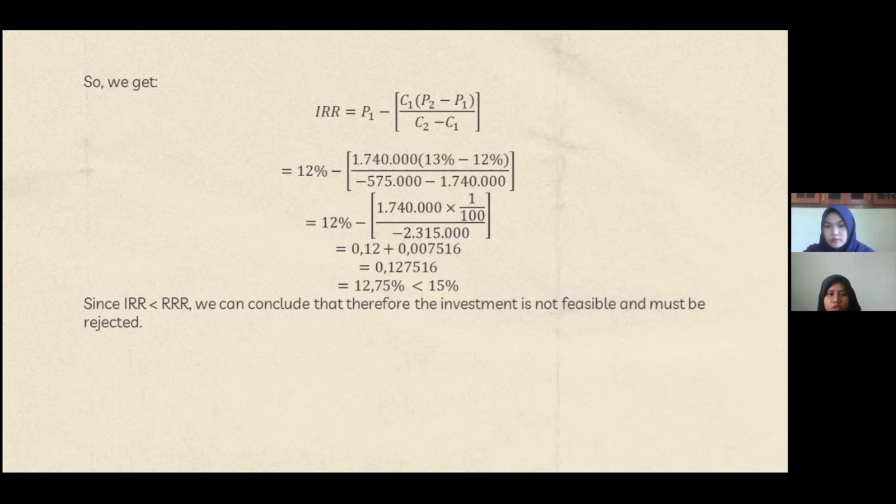After we count, the IRR is equal to 12.75%, which is less than the RRR, which is 15%. And we can conclude that since the IRR is less than the RRR, the investment is not feasible and we must reject the project.